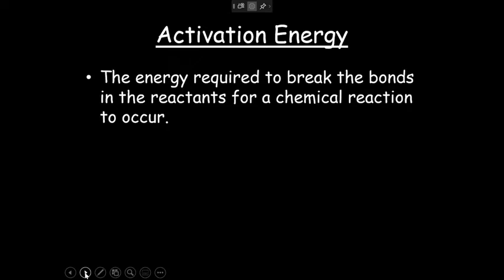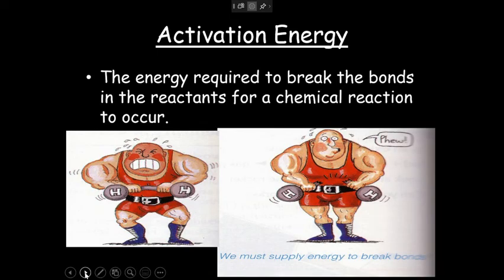So the energy required to break the bonds in the reactants for a chemical reaction to occur is called activation energy. Without adding that particular type of activation energy, the chemical reaction most of the time will never happen. So we must supply a certain amount of energy to get bonds to break.